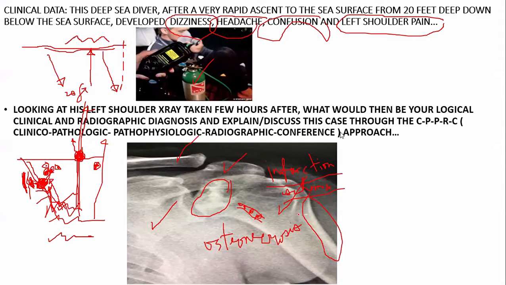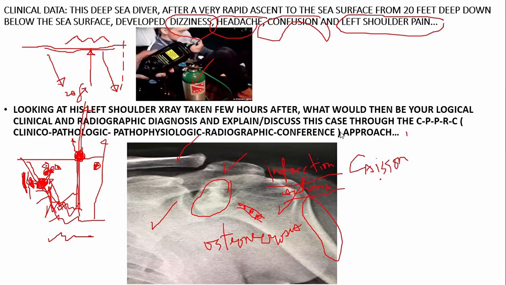Osteonecrosis can also be seen in other cases. The disease this patient is actually experiencing is Caisson's disease, or deep sea divers' disease. That's the meaning.